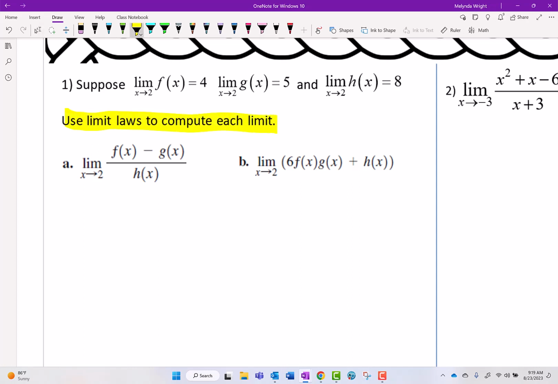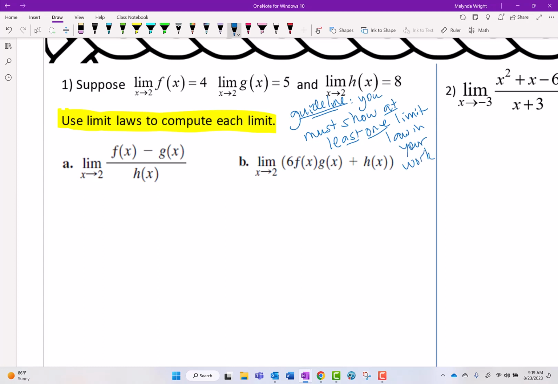Okay, that's a requirement. Here's the guideline that we use. You must, and it's a must, not a can, you must show at least one limit law in your work.